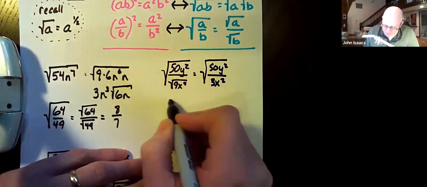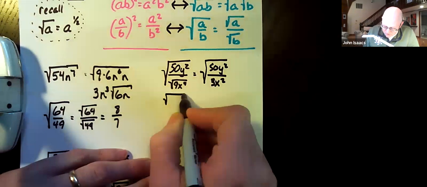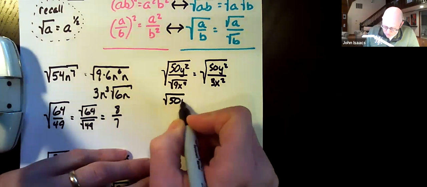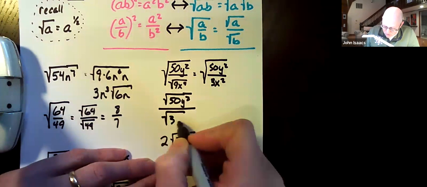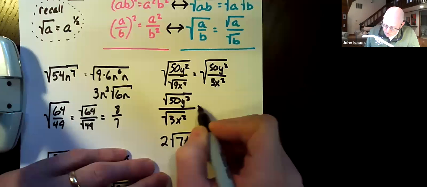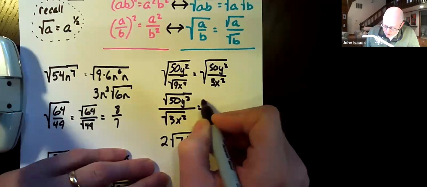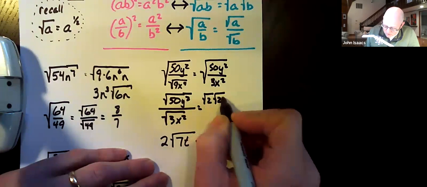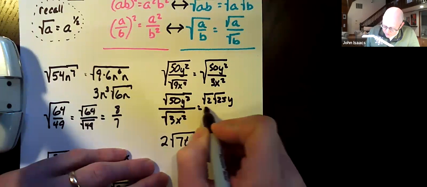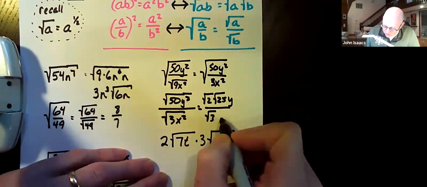Let's split this up. Let's call this radical 50 y squared over radical 3x squared. So this is going to equal radical 2 times radical 25 times y over radical 3 times x.